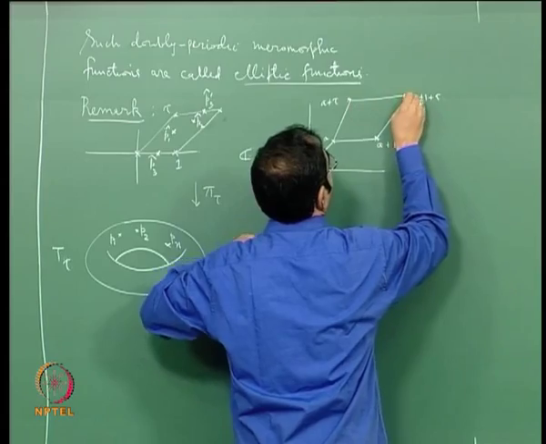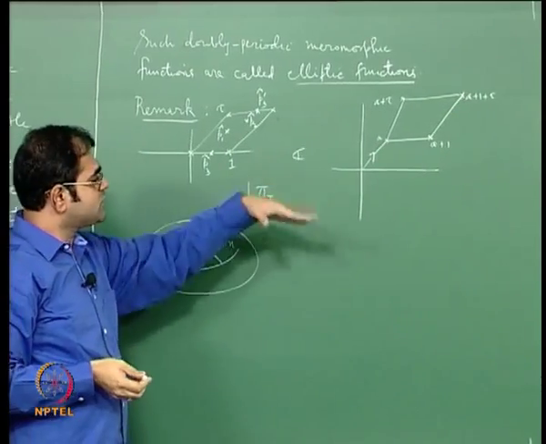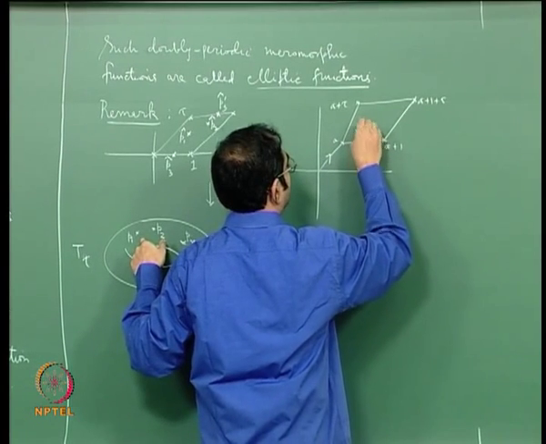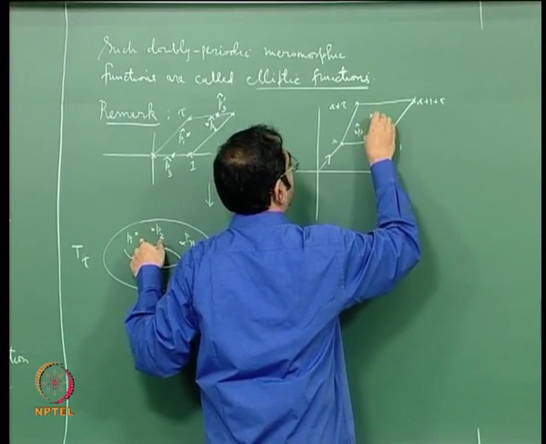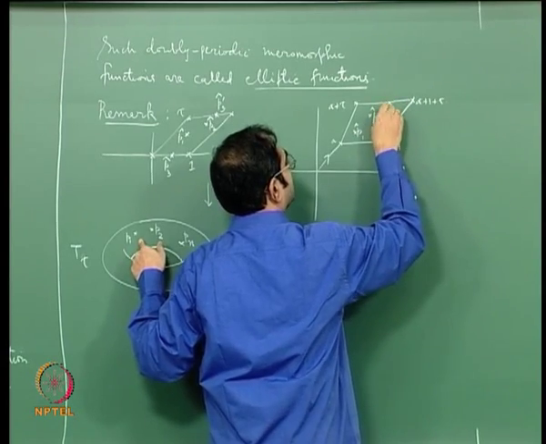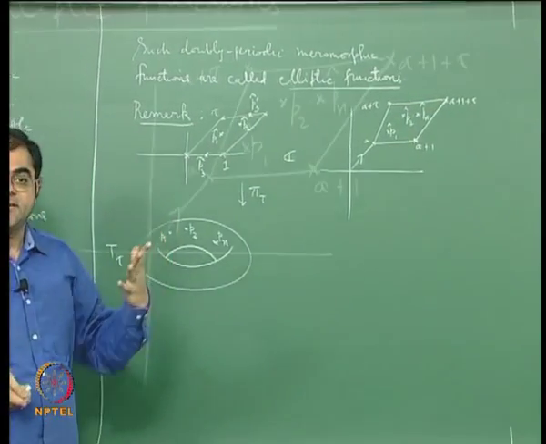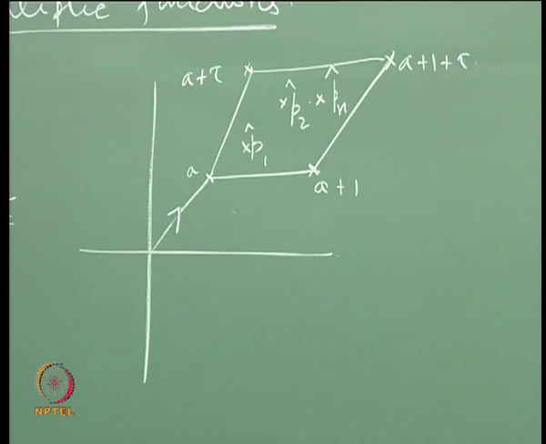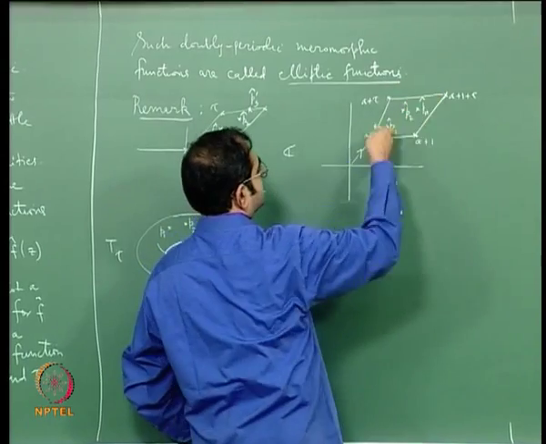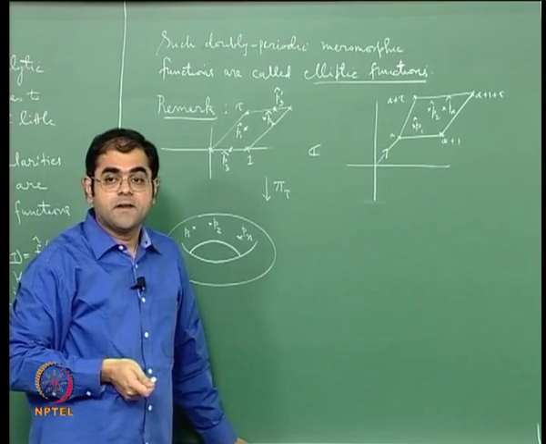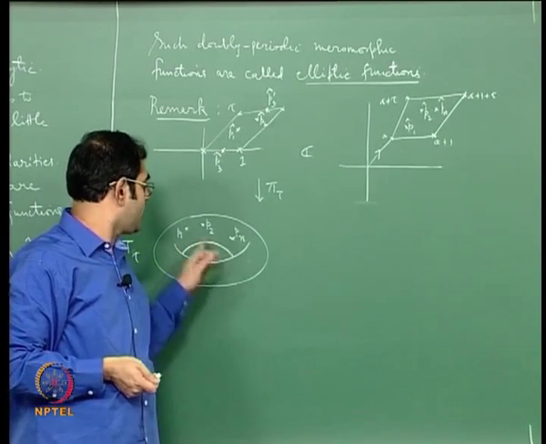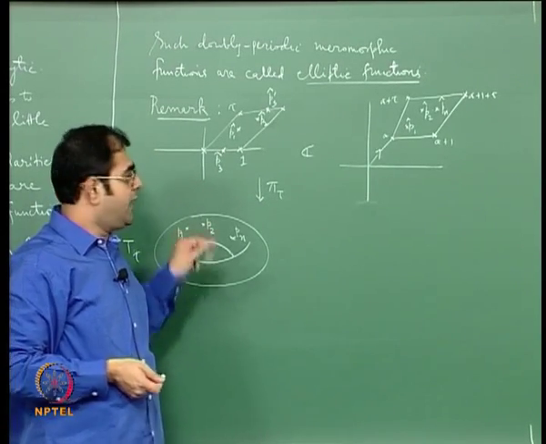I will get this parallelogram, which is just a translate of that. But I can choose A in such a way that I get exactly one representative for each point lying in the interior. I can do this. So choose an A such that this translated parallelogram has exactly one representative from each of these things.